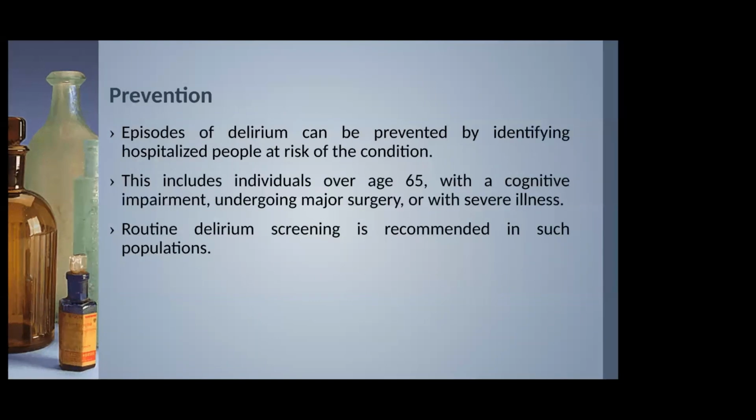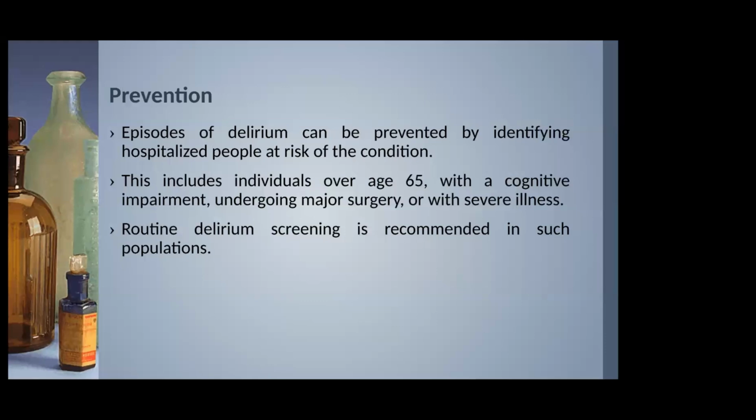So when we say prevention, episodes of delirium can be prevented. How? By identifying hospitalized people at risk of the condition. For example, we should be alert for patients with medical conditions aged 65 years and above.